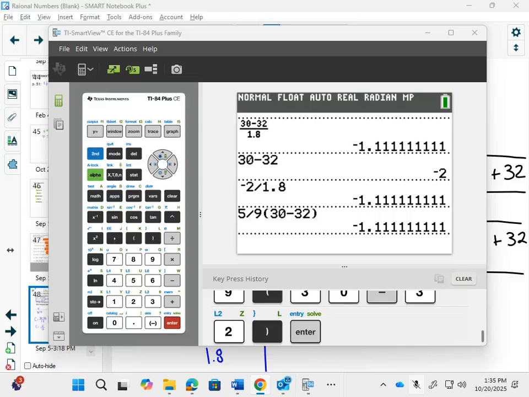Okay, well, 5 divided by 9. You may have hit that. Did you get it? You did 9 over 5 once. If you got the answer of negative 1.1, you can show one of us.